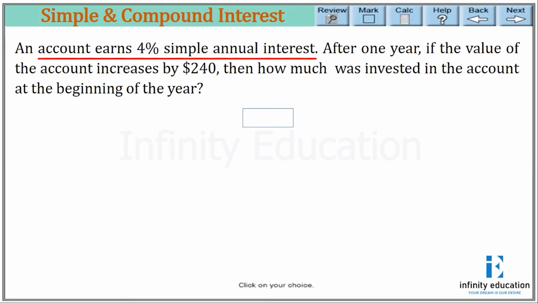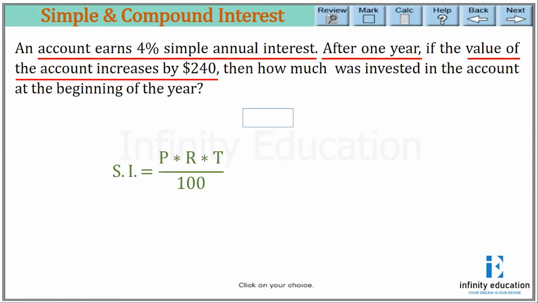The account earns 4% simple annual interest, so we have to use the SI formula, P into R into T by 100. After 1 year, that is the time period T. The value of the amount increased by $240, that is nothing but the simple interest amount. So we have 240 equals P into 4 into 1 by 100, because 4 is the rate of interest and 1 is the time period.